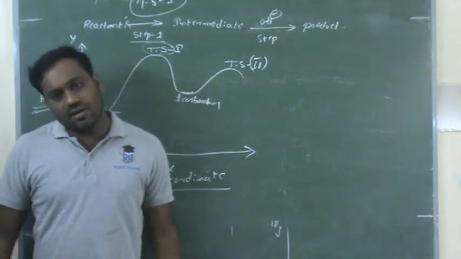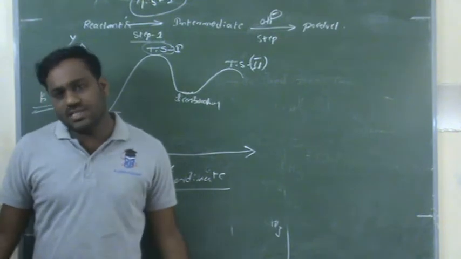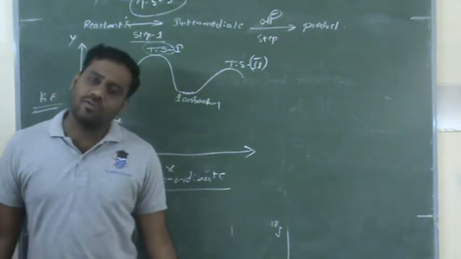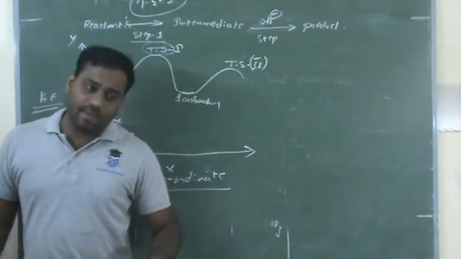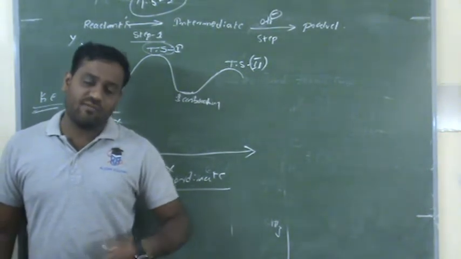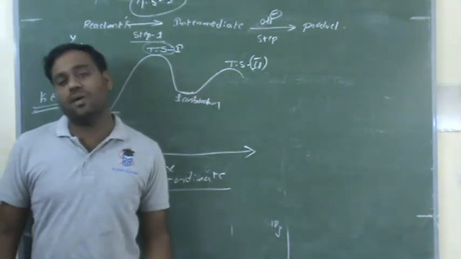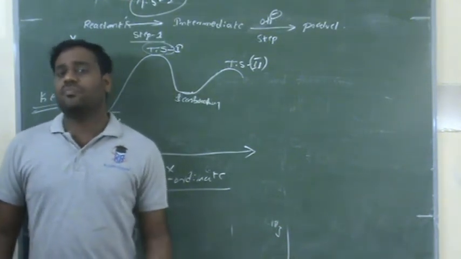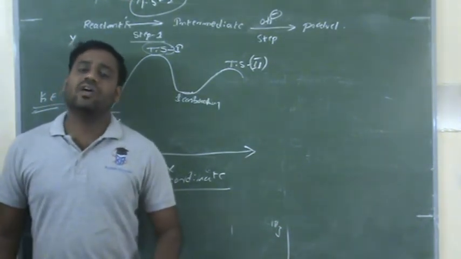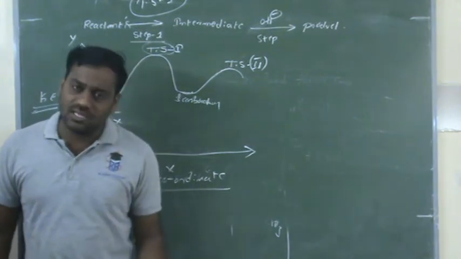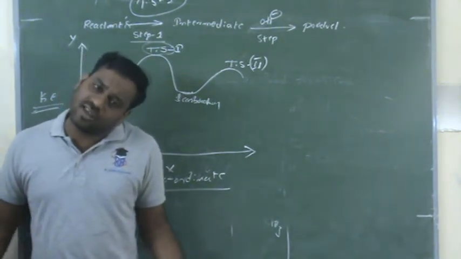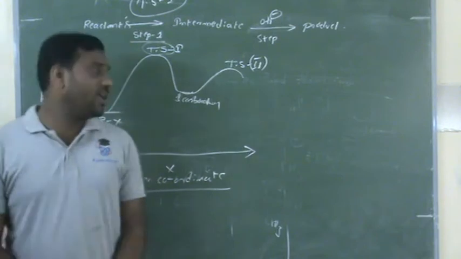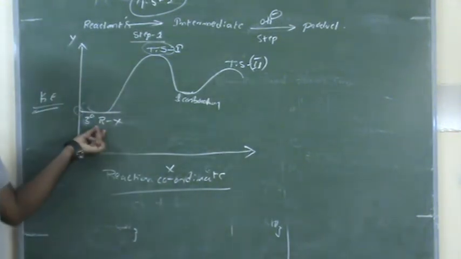Then you are a more unstable person, because compared to your normal energy you feel more energy. Compared to normal energy, if any molecule has high energy, then it is unstable.